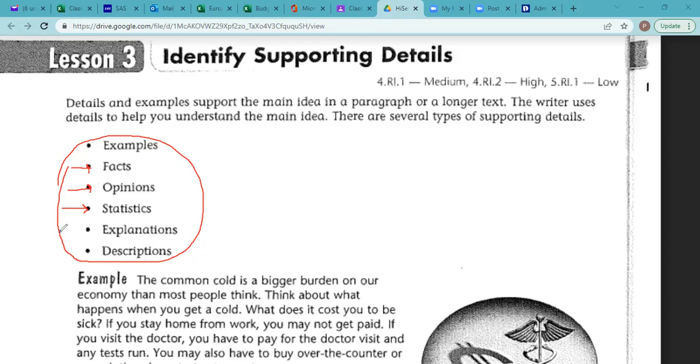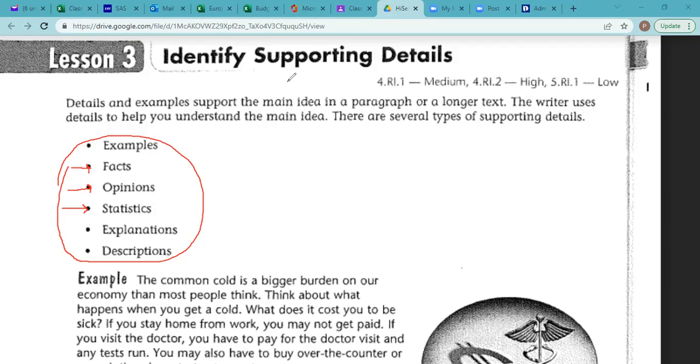When they explain something, they might explain it in the next sentence to make it more clear. And then descriptions, all about describing. They might have something to do with visual, auditory, touch, smell. You could have colors mentioned. All about descriptions.